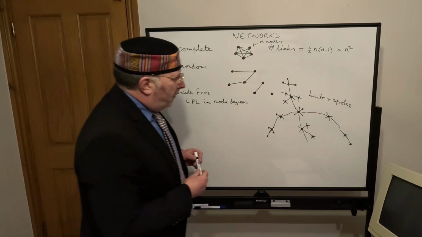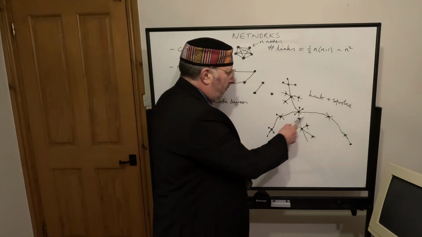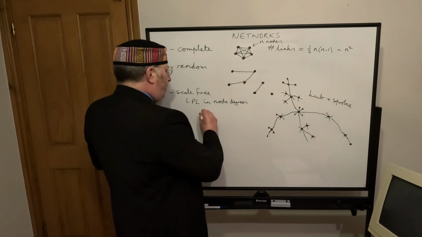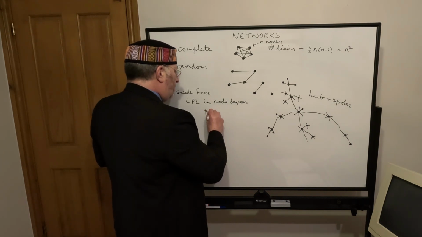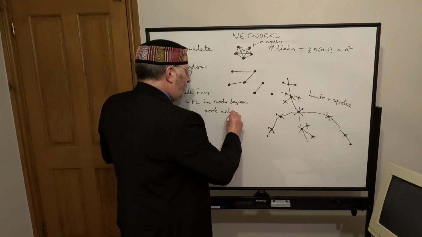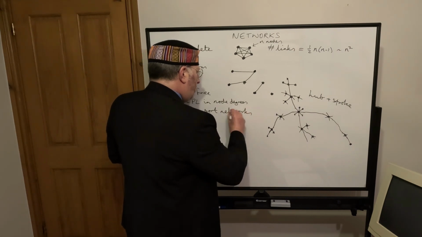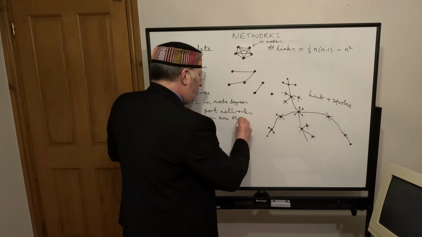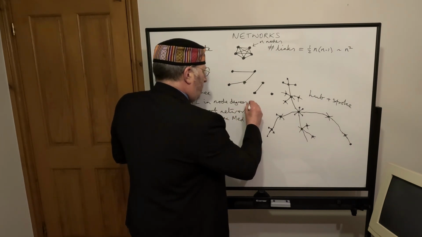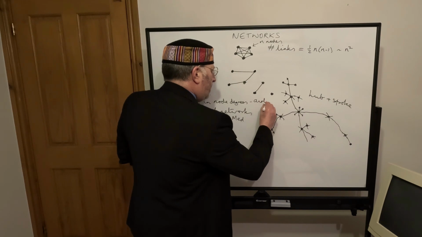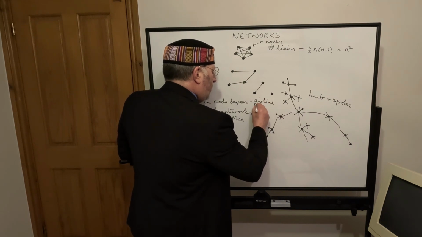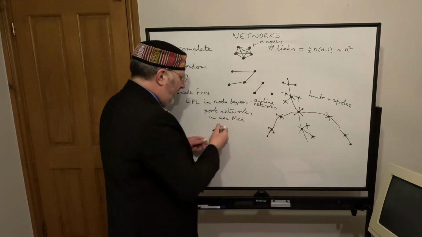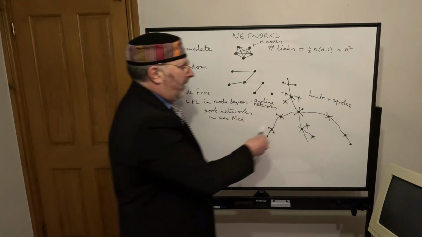And you also see this kind of structure in maritime or port networks in the ancient Mediterranean. So I said airline networks, and port networks in the ancient Mediterranean were like this as well.